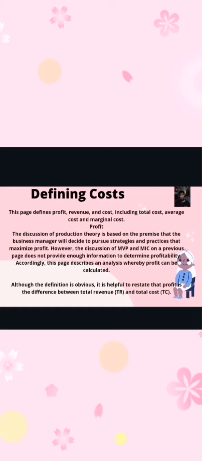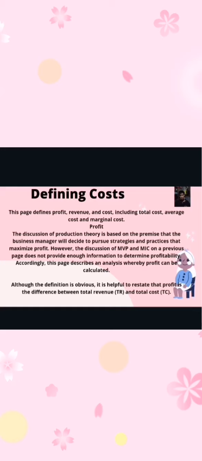However, the discussion of MVP and MIC on a previous page does not provide enough information to determine profitability. Accordingly, this page describes an analysis whereby profit can be calculated.